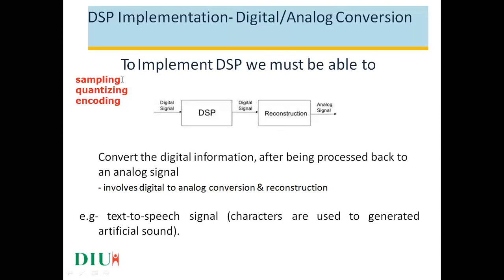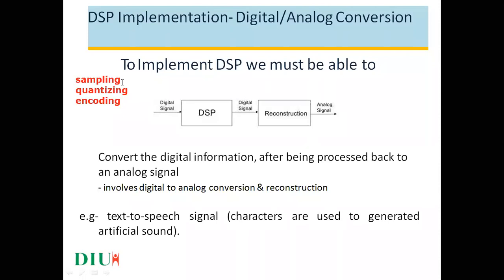Sampling is the process in which the input signal is discretized. It is sampled by making use of the Nyquist criterion, which says your sampling frequency should be greater than or equal to 2 times the maximum frequency of the modulating signal.